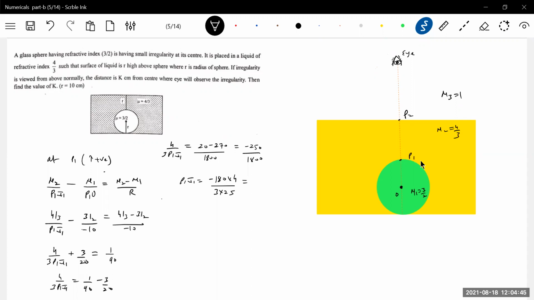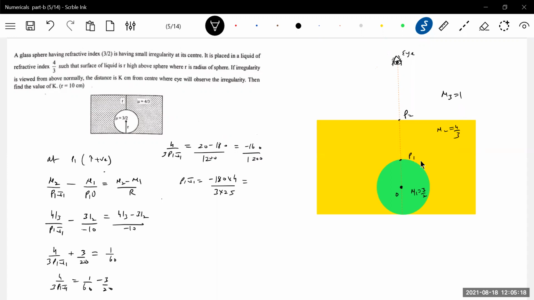3 2. 60 will come, no? So this will be 1200. 20 minus 180. 160 by 1200.